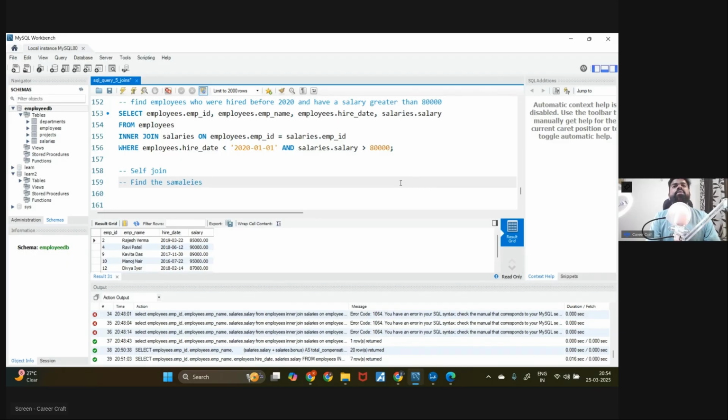One question I am giving: find the employees who have the same salary. Find the employees who have the same salary as someone else.